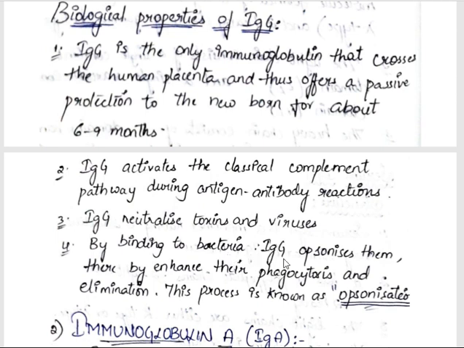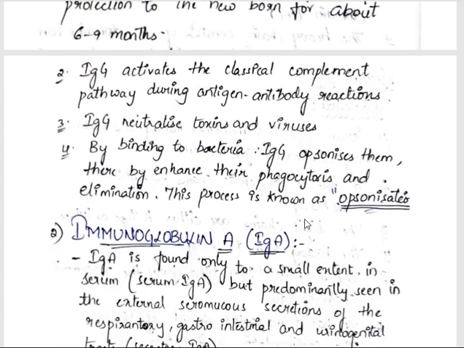Okay, and IgG opsonizes them, thereby enhancing their phagocytosis and elimination, and this process is known as opsonization. Okay, opsonization. Now this is all about IgG. So it is the most predominant immunoglobulin.